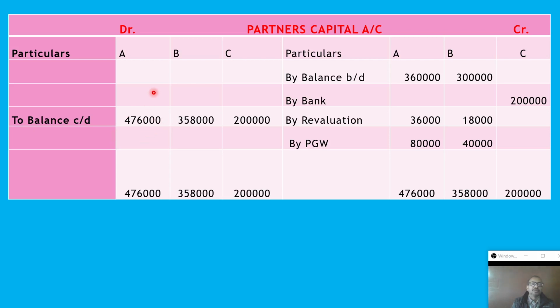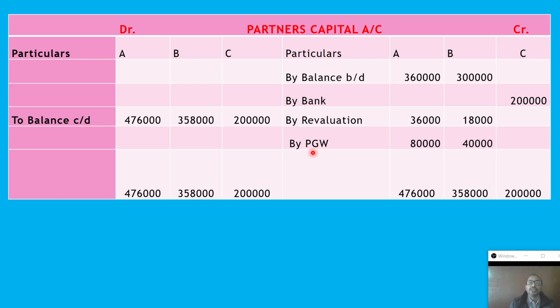Now, suppose during that period A withdraws, B withdraws, then we have to write drawings here. If interest on drawings is there, it will decrease their capital. That means if you put anything on the debit side, it will deduct from the capital, it will decrease the capital. If you put it on the credit side, at that time the capital balance increases. We know the features of the partners' capital account: it is personal in nature, and it is a liability.